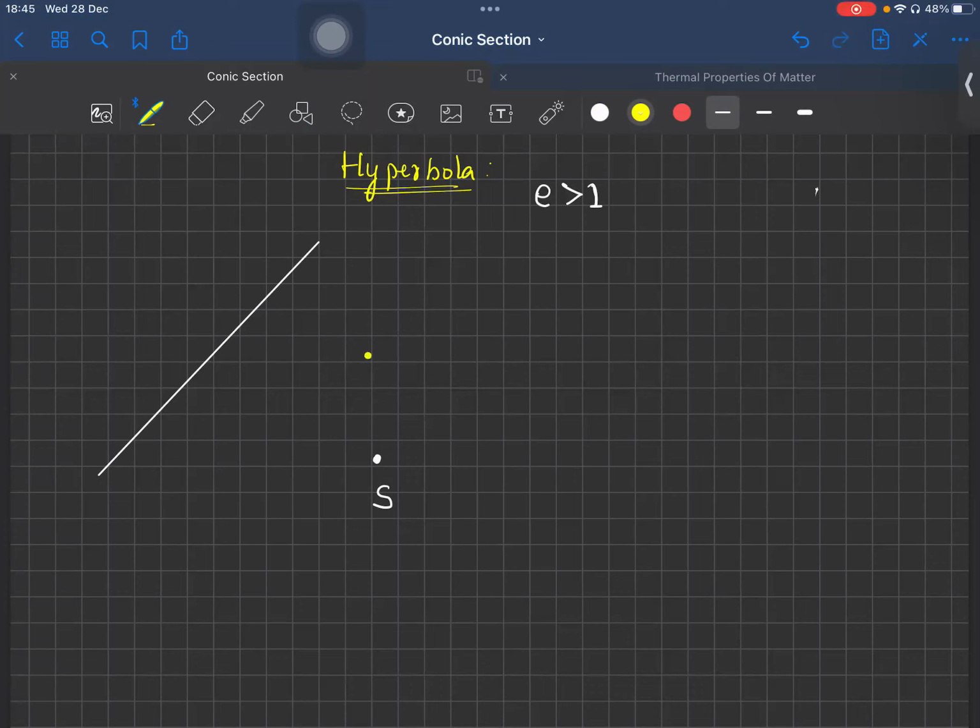If we join PS and draw a perpendicular on the directrix, this fixed line, from point P, let's say this point is M. So the ratio PS upon PM is a constant, which is called eccentricity, which is greater than 1.